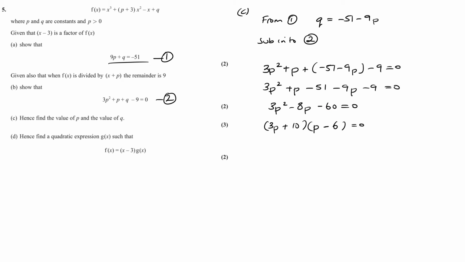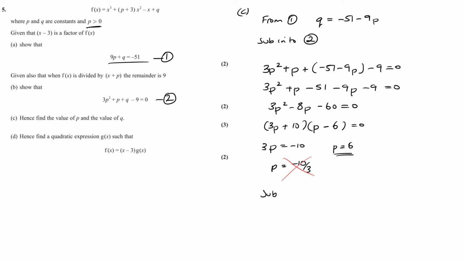So there we have it. So 3p equals minus 10, p equals minus 10 over 3, or p equals 6. It told me that p was positive, so we can eliminate that one. Now I've got my answer.